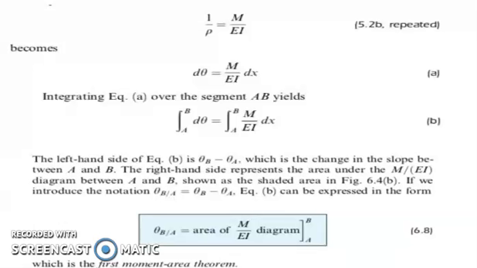If we introduce the notation theta B over A, equivalent to theta B minus theta A, then theta B over A is equal to the area of the M over EI diagram from A to B. And this is the first moment area theorem.